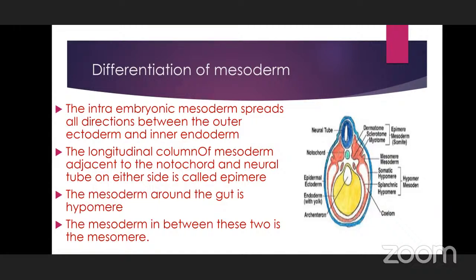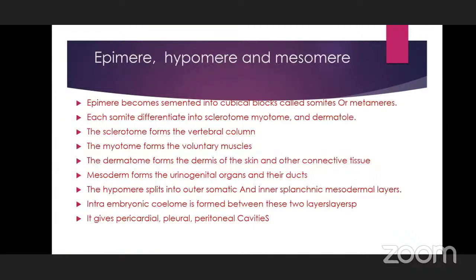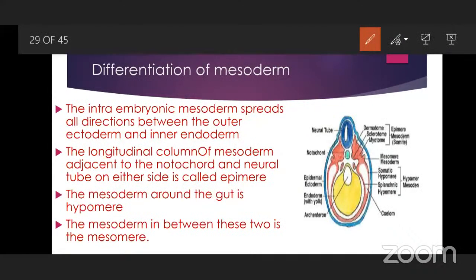So here we can see the part which is present in between the ectoderm and endoderm. This is the endoderm and this part is the ectoderm. So the region which is present in between is known as mesoderm.